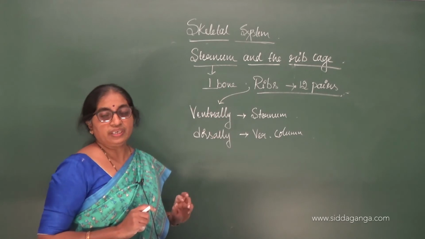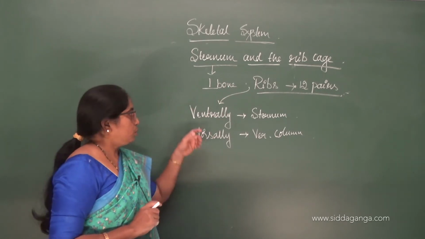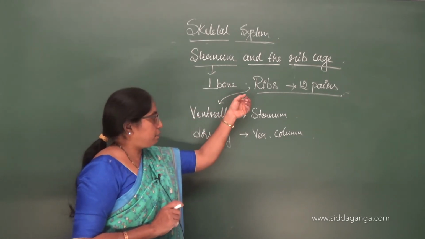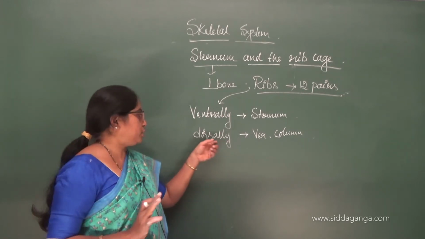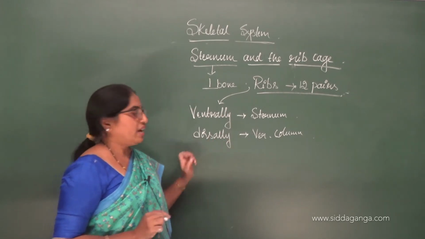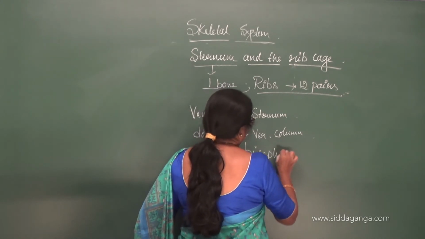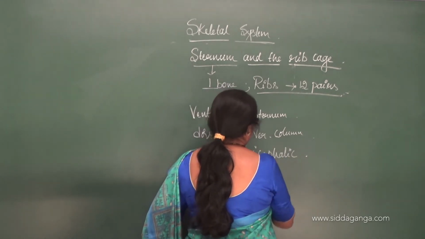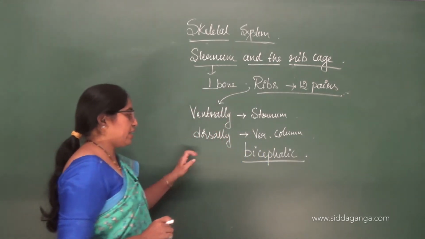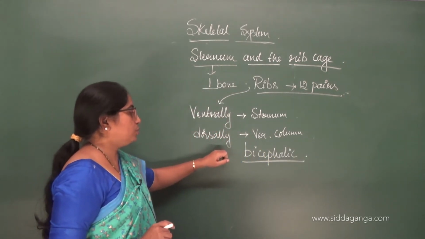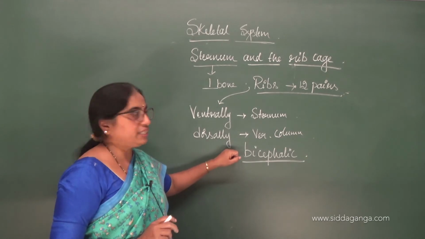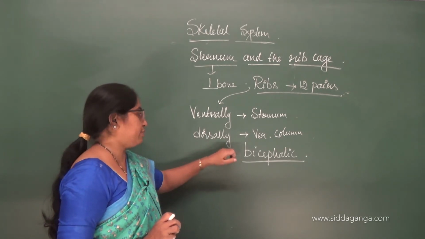Therefore it is called the rib cage. These ribs attach at 2 points dorsally on the vertebral column, and therefore they are called bicephalic ribs.